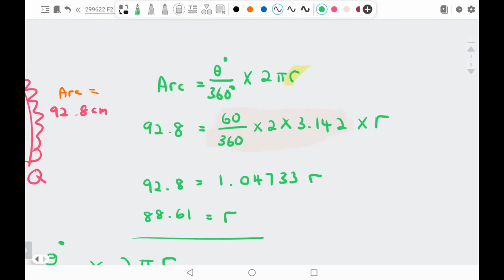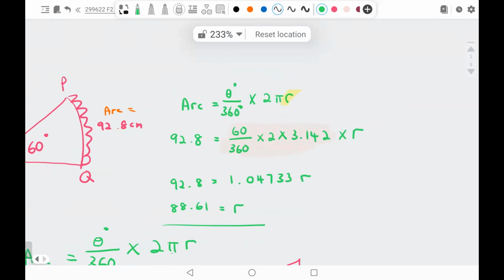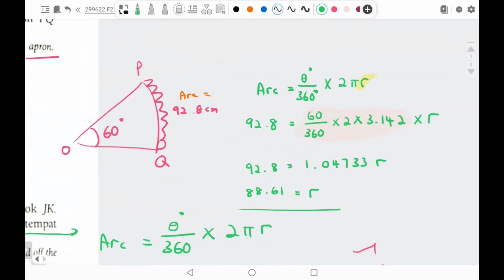Do you know how to get 88.61? The radius refers to OP, the length from O, the center of the circle, until P, which is 88.61 centimeter.